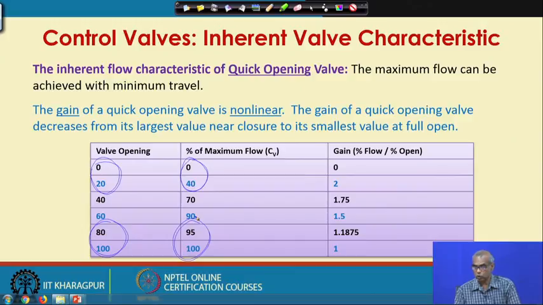So, the maximum flow can be achieved with minimum travel. The gain of a quick opening valve is nonlinear. The gain of a quick opening valve decreases from its largest value near closure to its smallest value at full open.